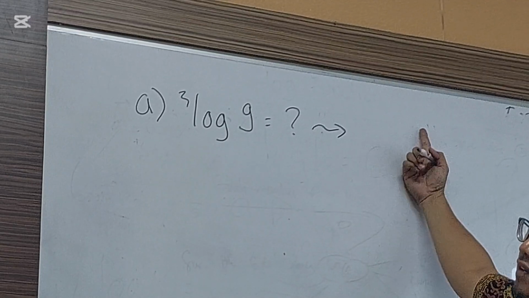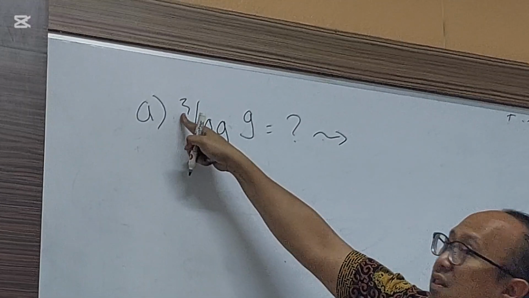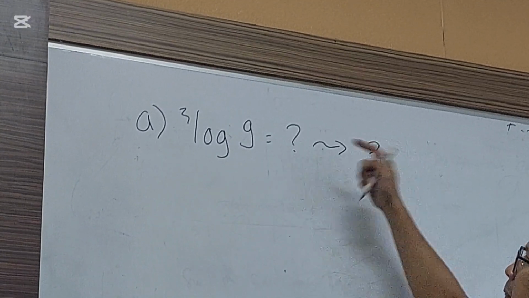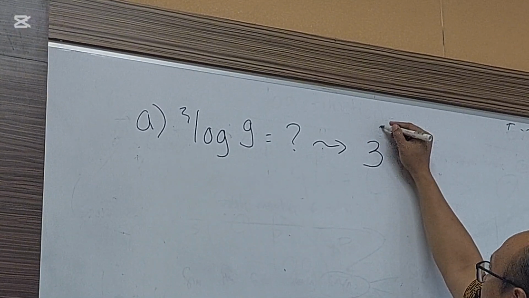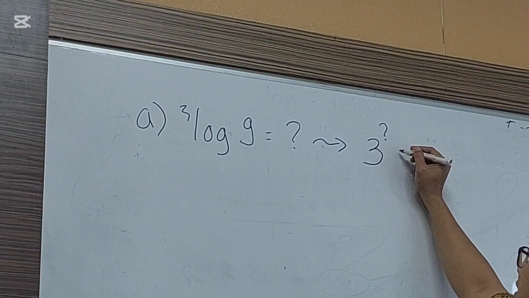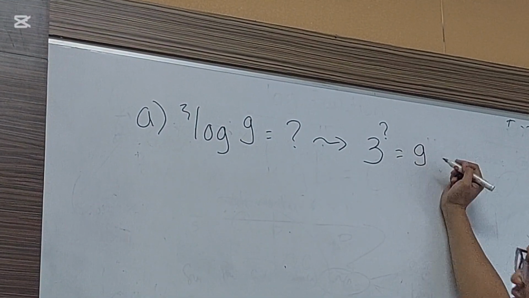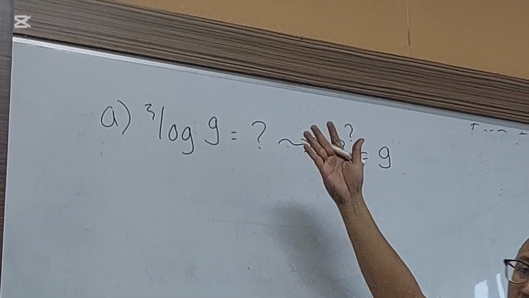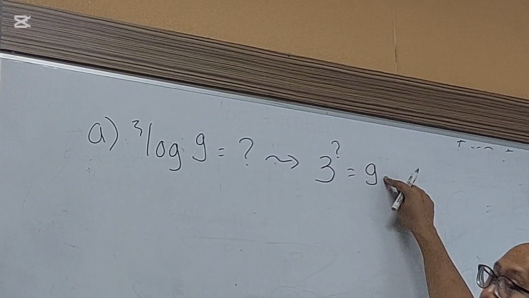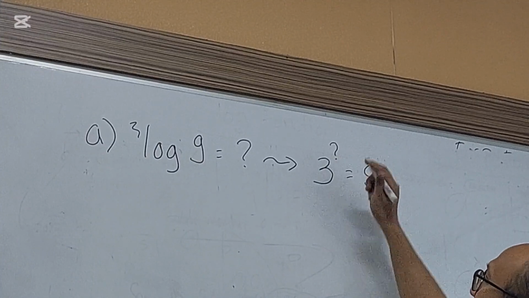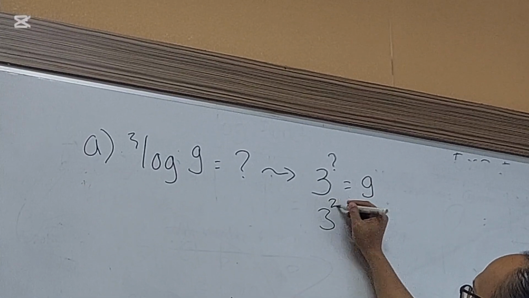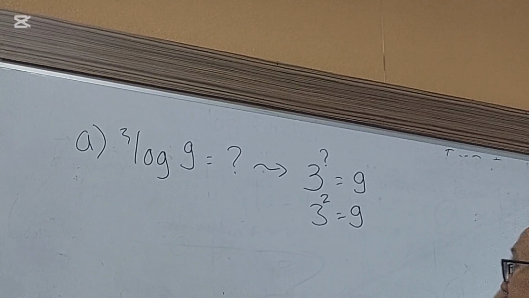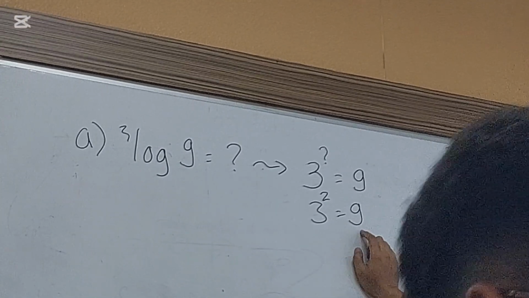Because if you change into exponential, remember that 3 will be the base, and the question mark will be the power, equal to 9. So the answer is 3 to the power of 2, which is equal to 9.